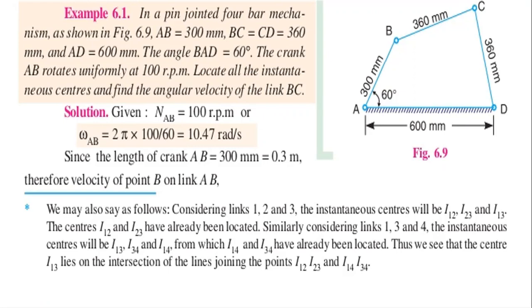Thus, we see that the center I13 lies on the intersection of the lines joining the points I12, I23, and I14, I34. So these are the 4 points of intersection from the 4 links taken, but we are considering only the link's length and the angle of that crank only with the fixed link.